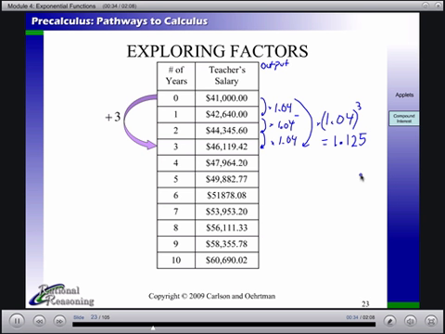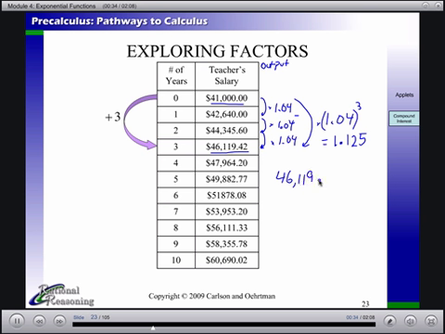Okay? What would be another way to get that 1.125? If we knew the salary was 41,000 and then 3 years later it was 46,119.42, what's another way to get that 1.125? Difference. So that one minus that one. Is that right? Agree with that?